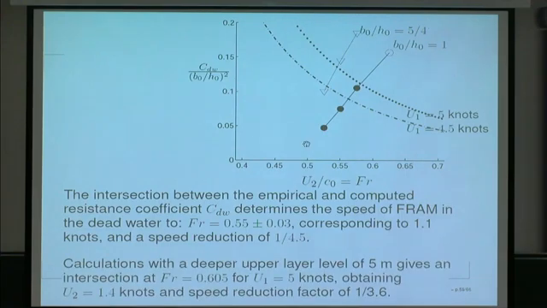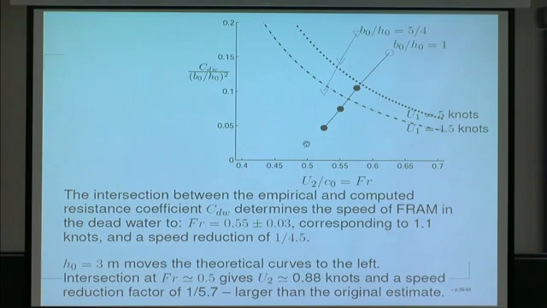If the pycnocline was deeper, the Froude number is 0.6, and the speed reduction factor is 1 over 3.6.